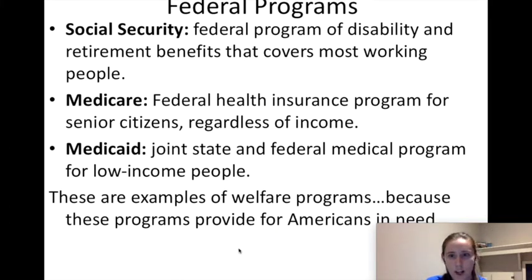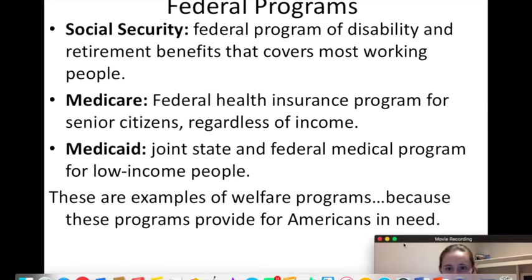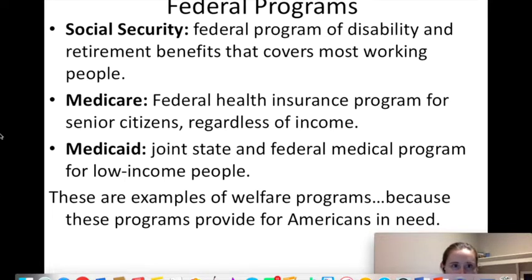Okay. We're not going to talk about a whole lot of federal programs here, just a couple. So Social Security, which I already gave away earlier, basically gives sums of money to the elderly to cover their living expenses, help them get by. And then we have Medicare. You can think of Medicare as health insurance for the elderly.